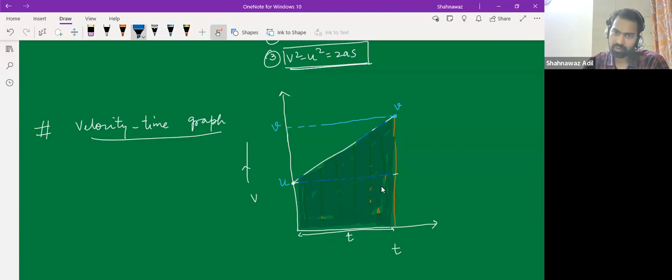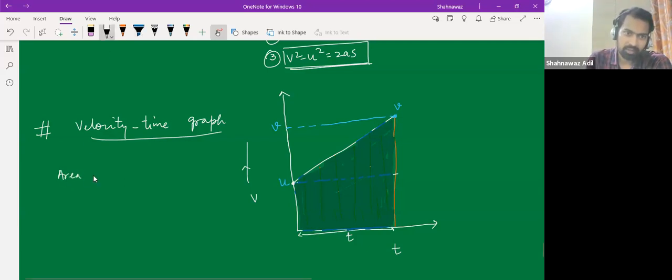What does area under velocity time graph give? The distance, right? So the area under the graph will give you distance.